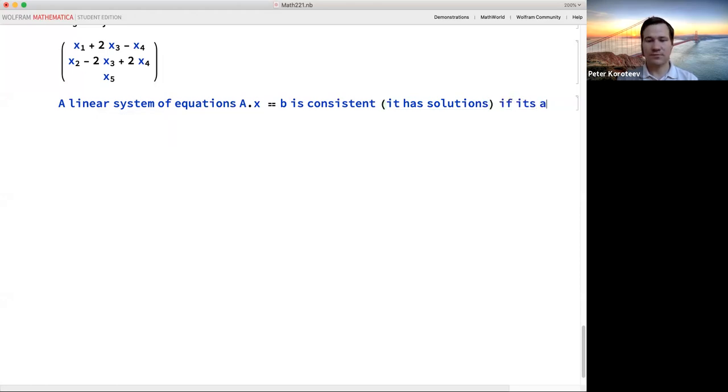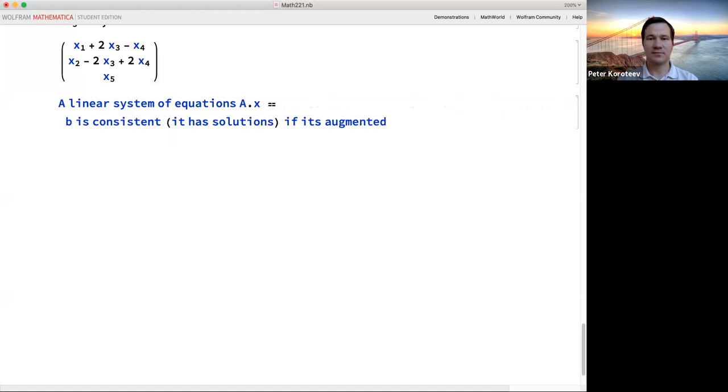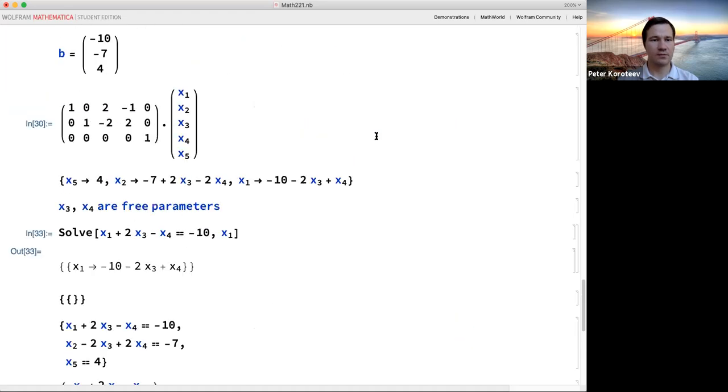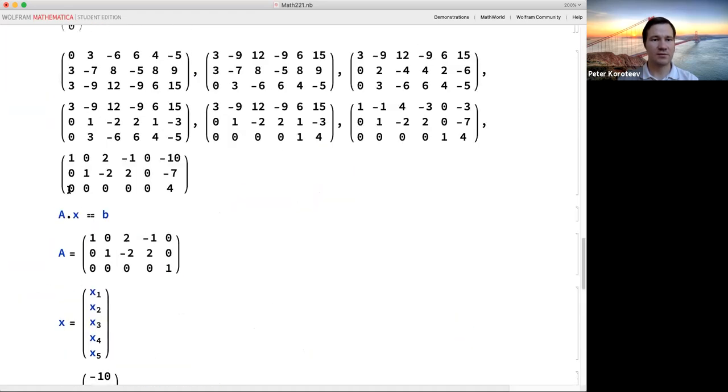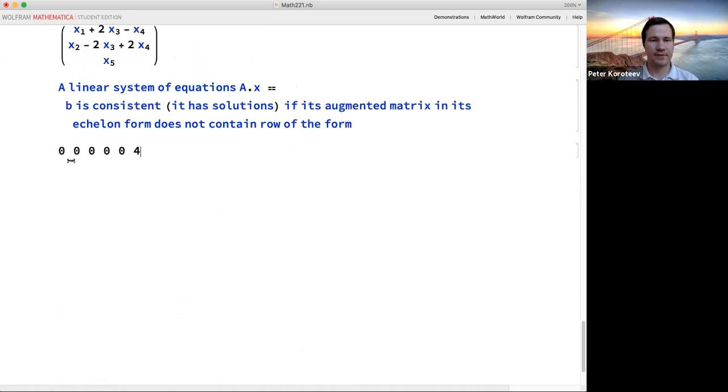So if its augmented matrix in its echelon form does not contain a row of the form, I'm going to copy it from here, and then instead of 4, there can be any constant a.